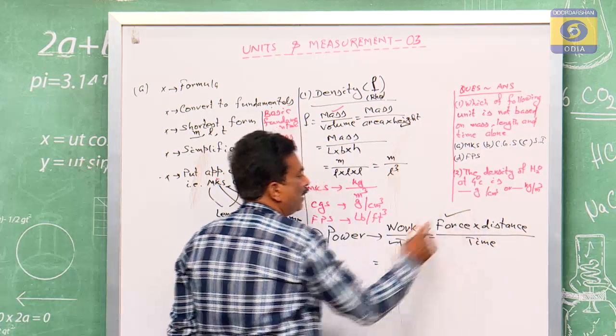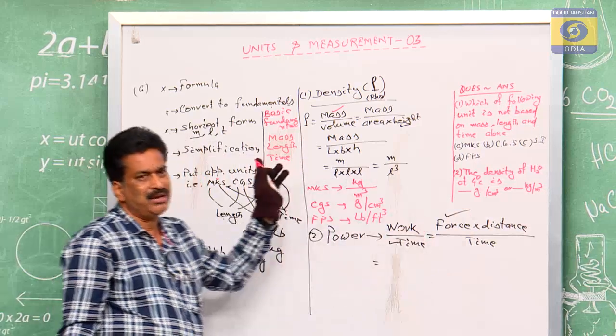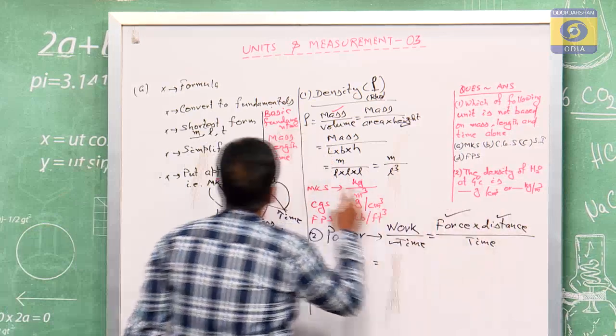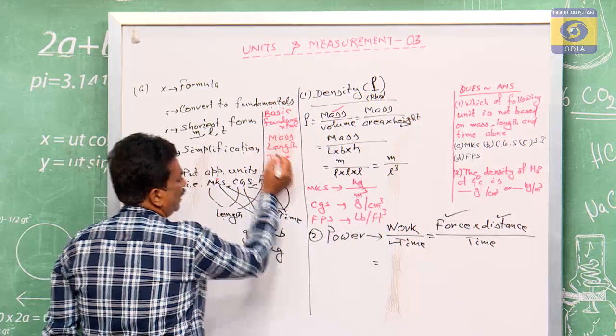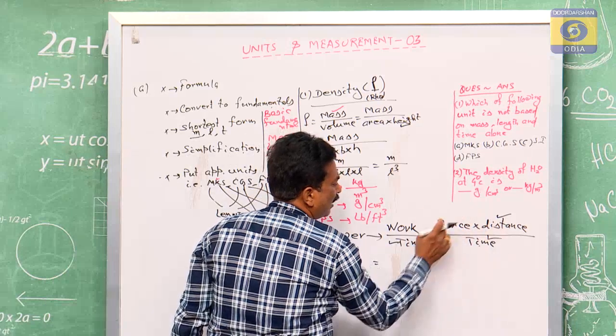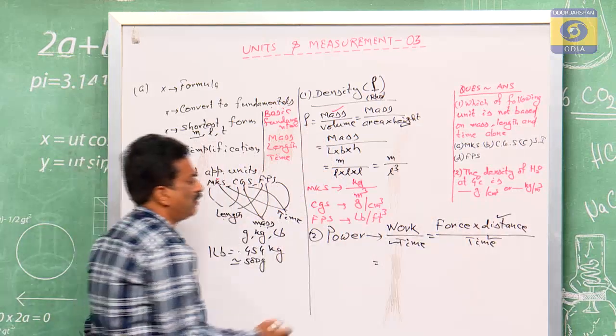We have determined the simplification for force in our last class. For newcomers, the distance is a length, which is a basic fundamental, and time is a basic fundamental. So these two are already fundamental, but the force is not, so you have to convert it.